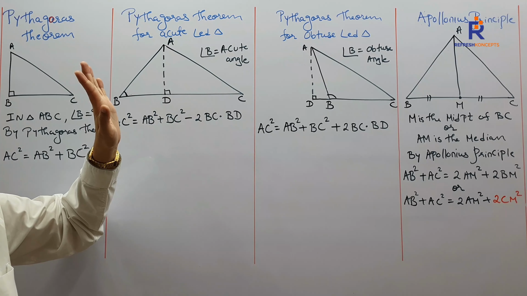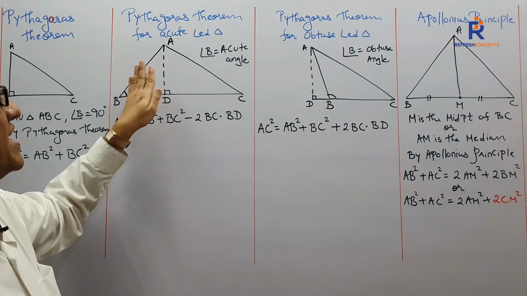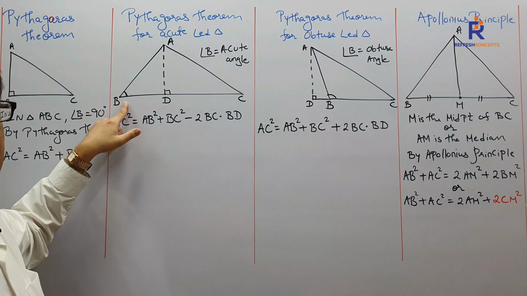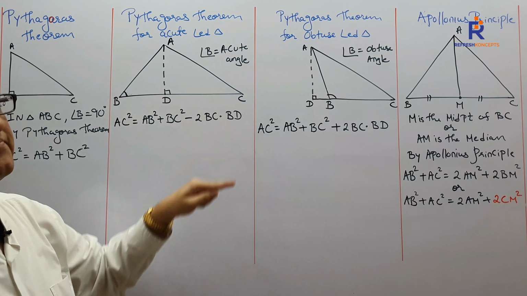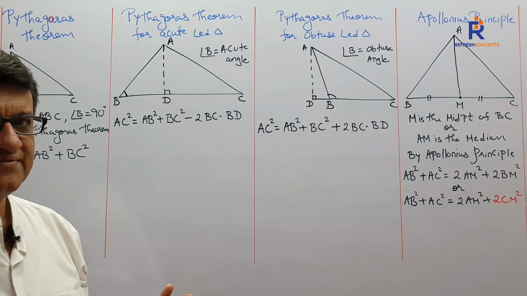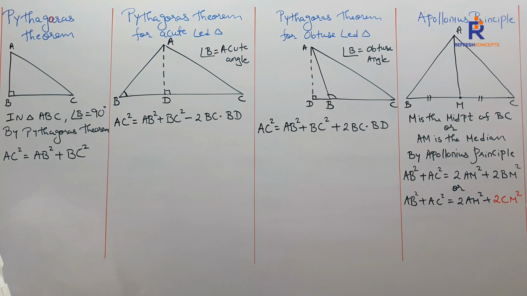AC. Second thing, who is the side opposite to angle C? And tell me, what is angle B made up of? Angle B is made up of two arms, AB and BC. Right? So let's understand the way in which I tell you to learn by heart.